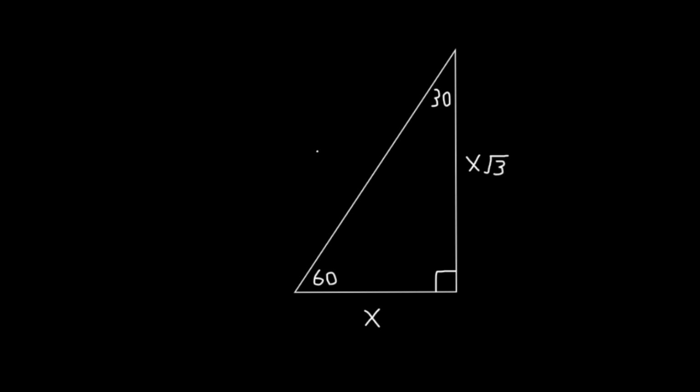And this longest side is going to be 2x. So obviously root 3 is going to be a smaller number than 2, and that's why root 3 times a number is going to be smaller than that same number times 2. So that's a good way to remember: smallest side x, middle side x root 3, longest side 2x.